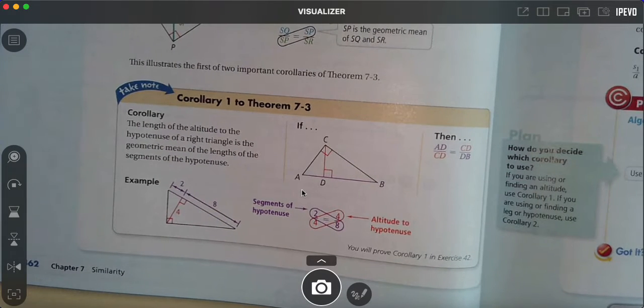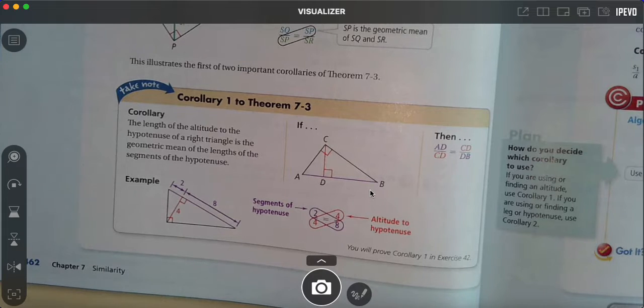I would know that this little segment AD over the altitude is equal to the altitude over this segment. It's basically a geometric mean is what they're saying. So you would say this segment over the altitude equals the altitude over the other segment. It is the geometric mean.